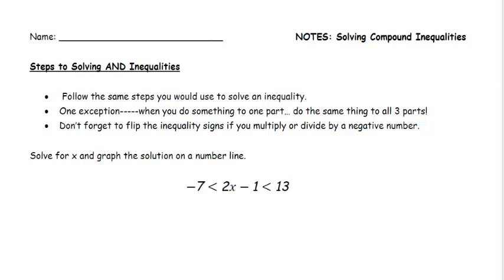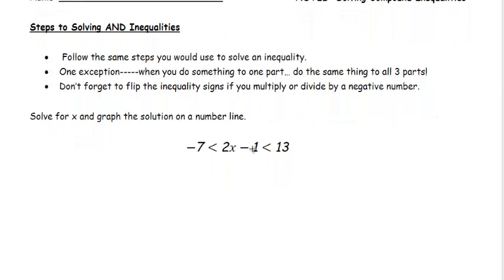So let's jump into it. We're going to focus on the middle here and notice that x is being multiplied by 2 and then we're subtracting 1. So we're going to do our order of operations steps backwards, right? We're going to undo things. So we're going to deal with adding and subtracting first, and then any multiplying or dividing second. So I'm going to worry about this minus 1.